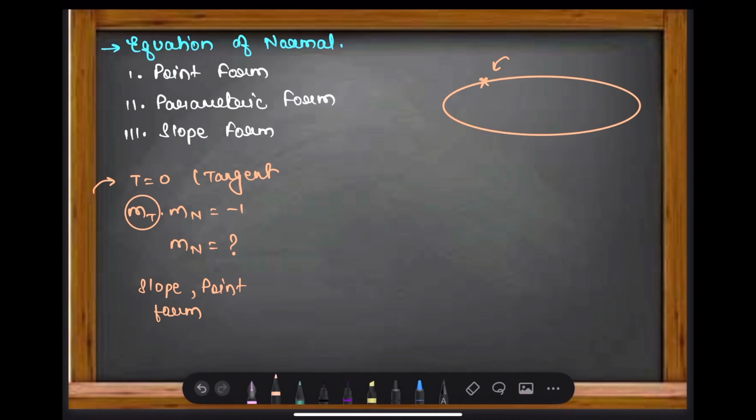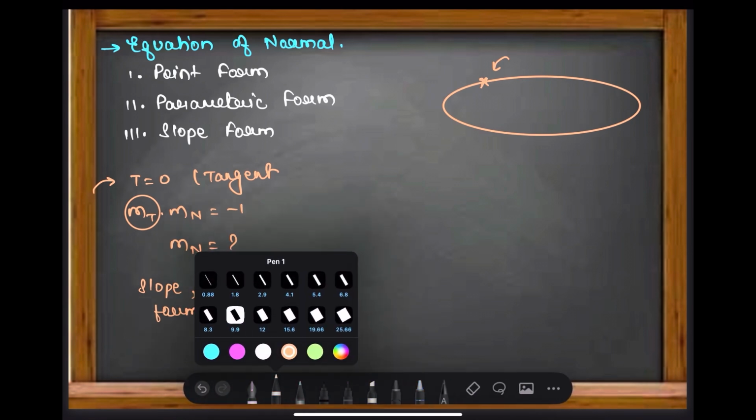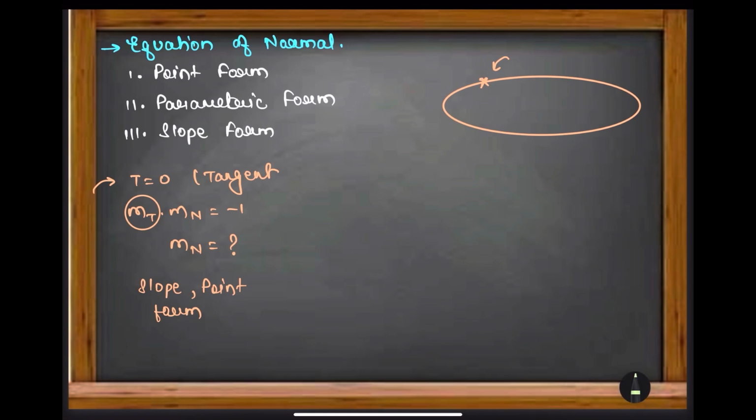Okay, now go with the parametric form. So what will happen in parametric form? Again you have to imagine a point on the curve in parametric form. So you know that it is x square by a square plus y square by b square equals to 1. So how will you imagine a point?